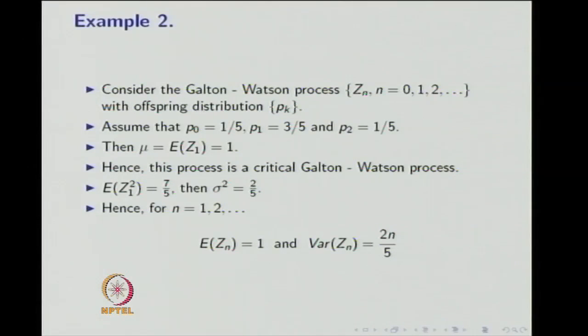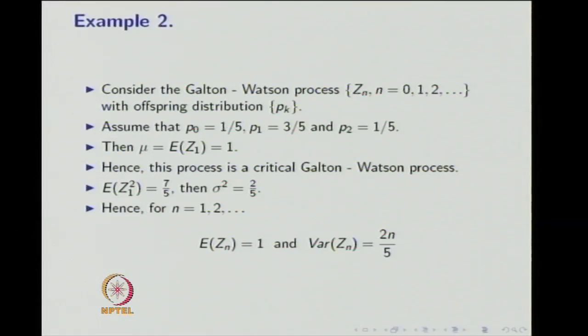Now we can find out the mean of Z1, that is nothing but 1, because of these probabilities. Hence, this process is called a critical Galton-Watson process because mu is equal to 1.